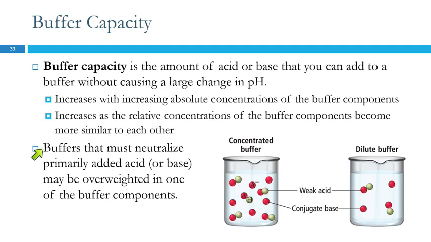If we have a buffer that's going to mostly need to neutralize acid, then we'd like that buffer to be a little heavier on the conjugate base side. If it's going to have to neutralize base, then we'd like it to have a little more of the acid. So a concentrated buffer is going to have more weak acid and more conjugate base species than a dilute buffer, and so it's going to be able to neutralize more. Does that make sense?